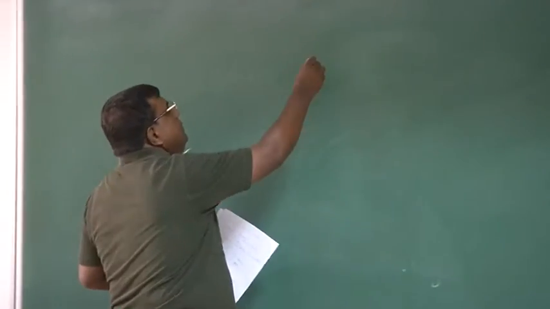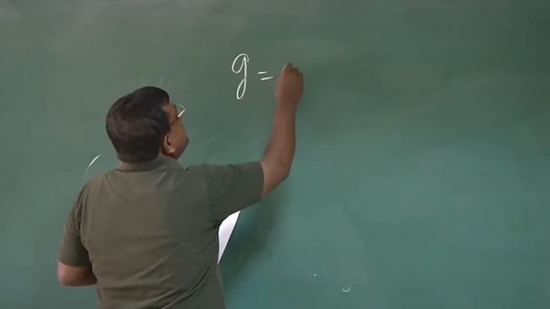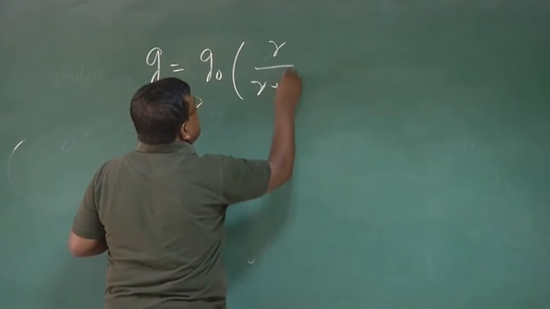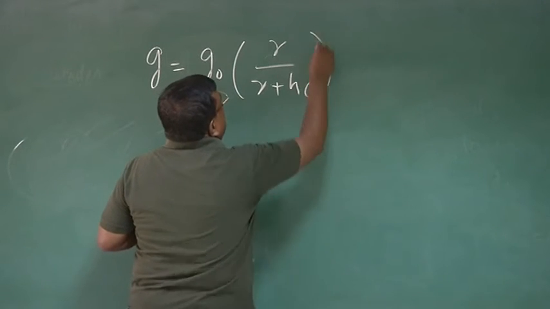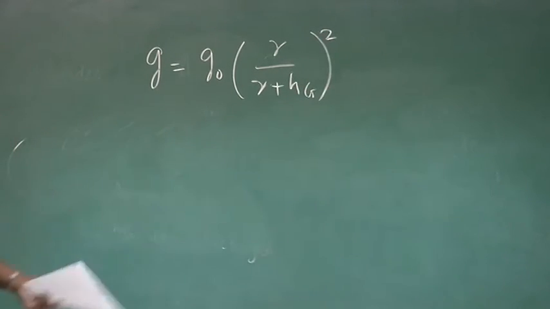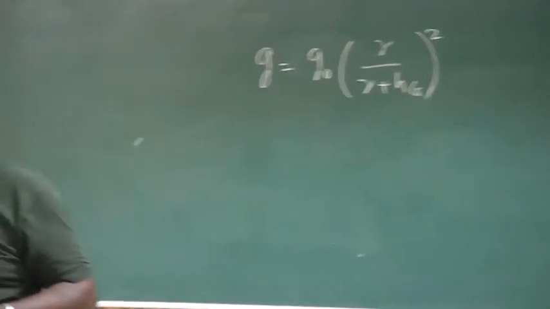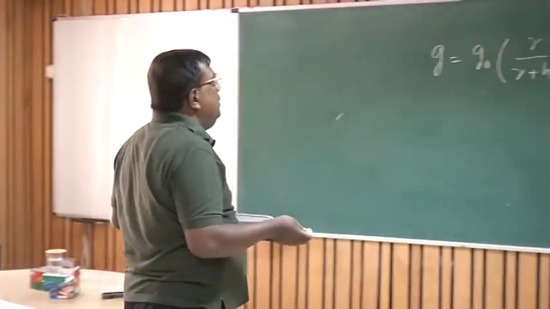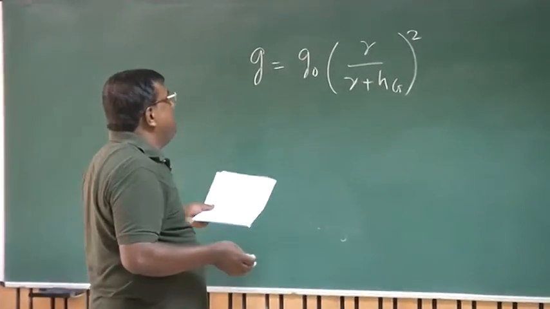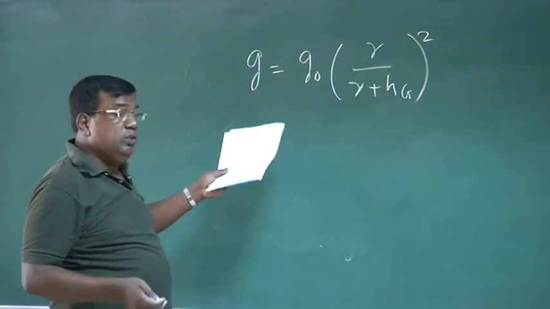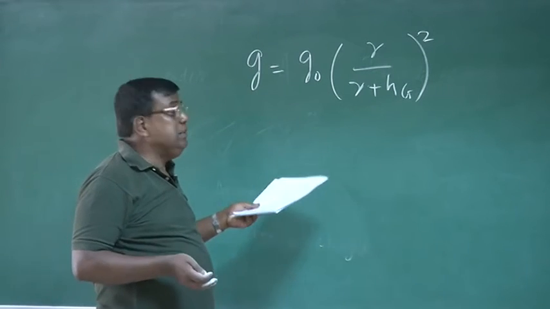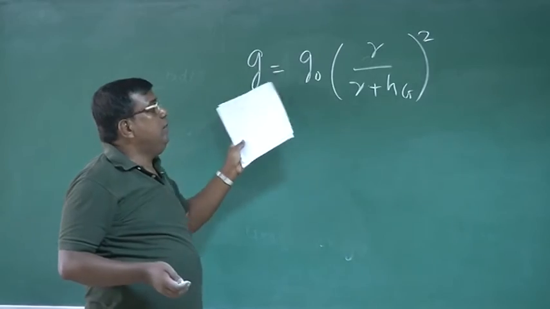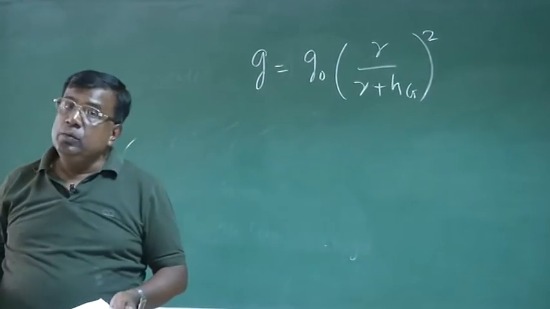And we know that g at any station can be written as g naught times r by r plus hg, whole squared. The message is, if I know the radius of Earth, if I know what geometric height I am at, and if I know the local value of g at the surface of the Earth, which is g naught, or which technically we say sea level g naught, then depending upon hg, I can find out what is the value of g at a certain geometric height, hg.